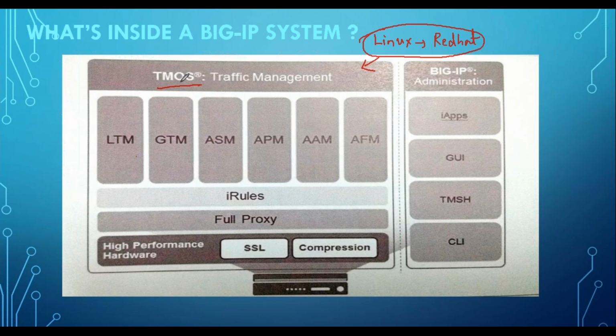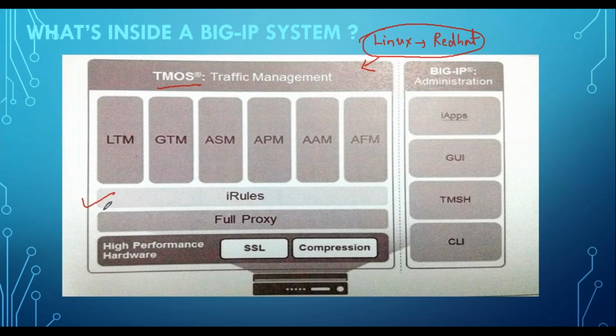And on top of this operating system, they provide various product solutions like LTM, GTM, ASM, APM, AAM, AFM. These are various product solutions which can be activated as per the license which you purchase on the device.